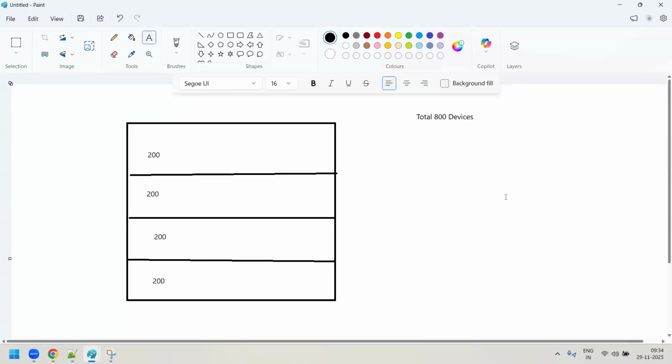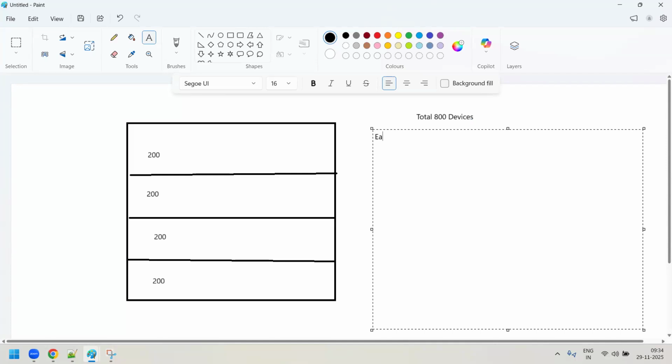Okay, good. Now I want to do some calculation. Let me do the calculation here only. Each floor, how much are you connecting? You want to connect 200 devices. So if you're connecting 200 devices, you know the formula to calculate the subnet mask: 2 to the power of n is equal to 200.